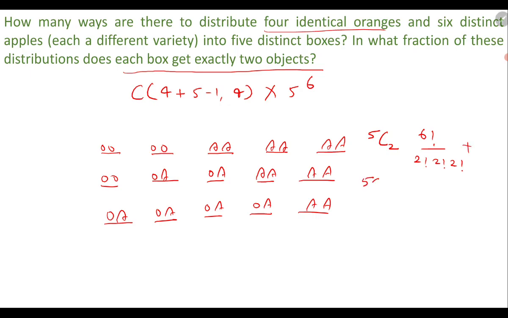Now I need to know which box has only oranges, then the remaining two boxes having one orange each, and then 6 factorial over 2 factorial, 2 factorial, 1 factorial, 1 factorial. And the last, in which 4 boxes have oranges, and then 6 factorial over 2 factorial, and if you want you can write 1 factorial 4 times. So this is the required answer.